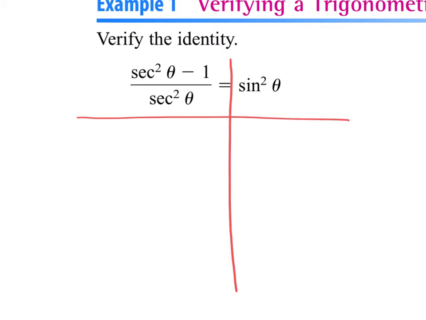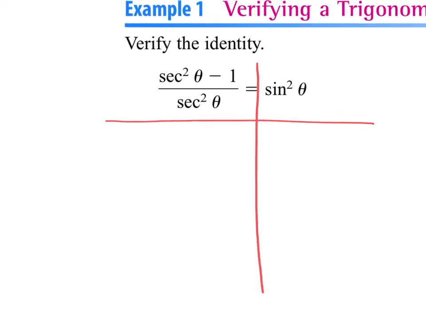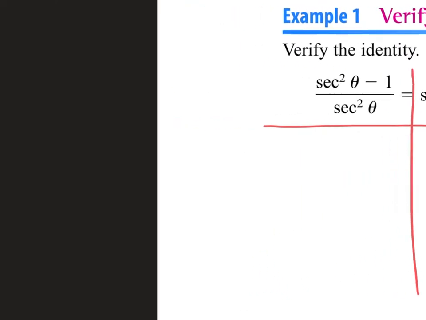What do you think we should do? Where can we start? We get rid of secant squared theta at the bottom. We could. What's the trig identity that involves secant?